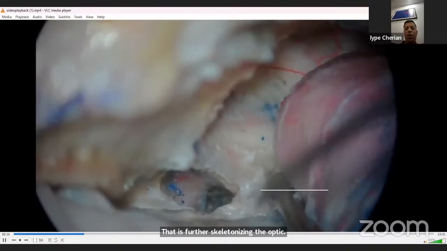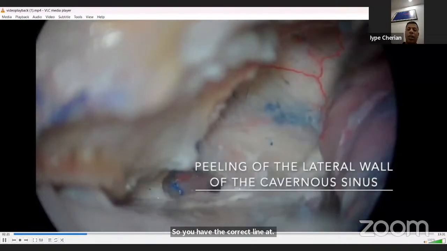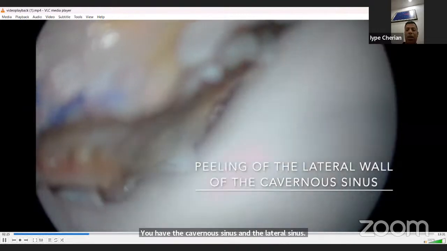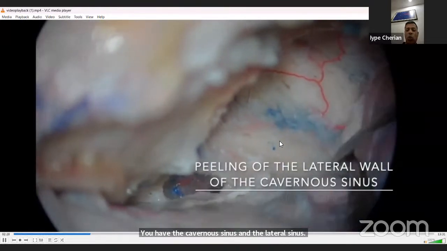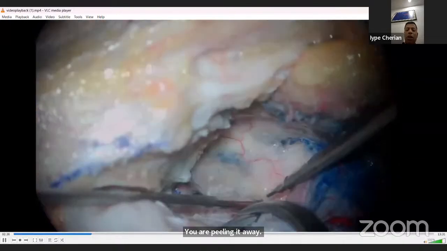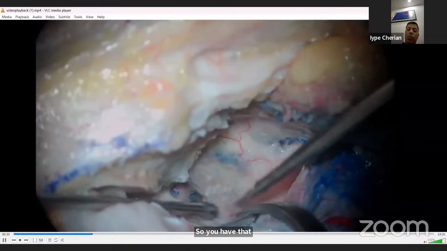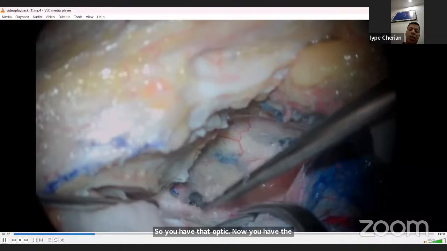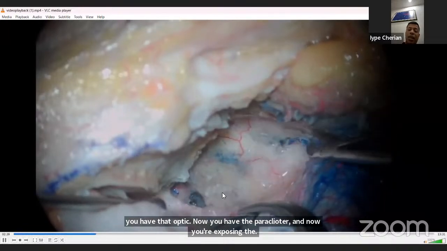So you have the paraclinoid carotid, you have the cavernous sinus, and on the lateral cavernous sinus, you are peeling it away. So you have the optic nerve now, you have the paraclinoid carotid, and now you're exposing the entire cavernous sinus.